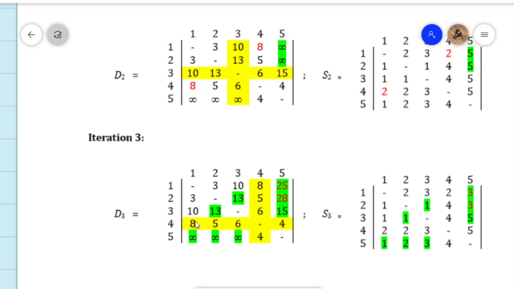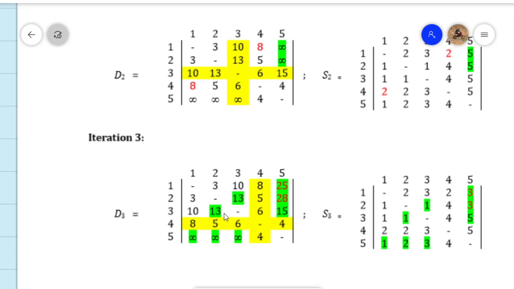Next, infinity. Compare that with 8 plus 4. 12 less than infinity. Next, infinity is compared with 5 plus 4. 5 plus 4 is 9. So that is less than infinity. So we are to replace this. Next entry is this infinity. Compare that with 6 plus 4. 6 plus 4 is 10. Less than infinity.